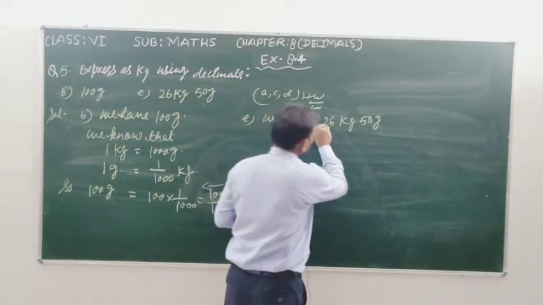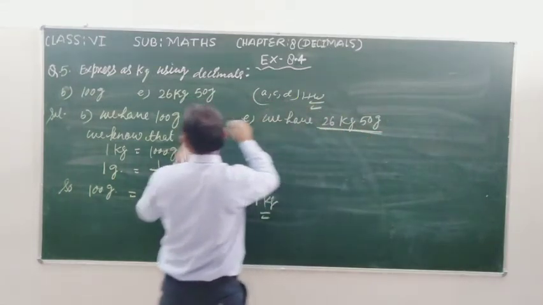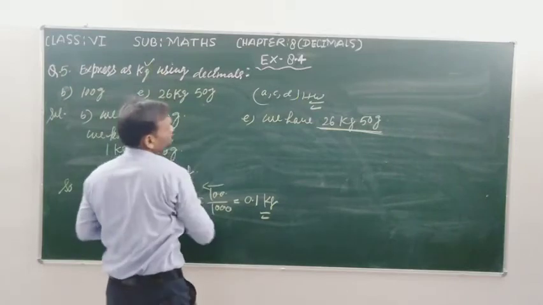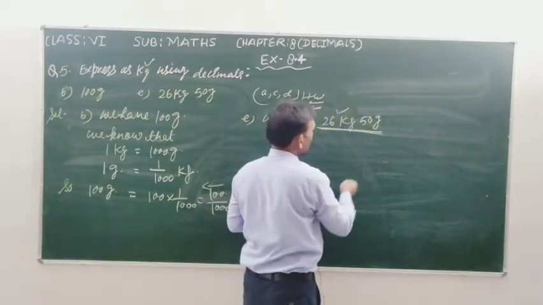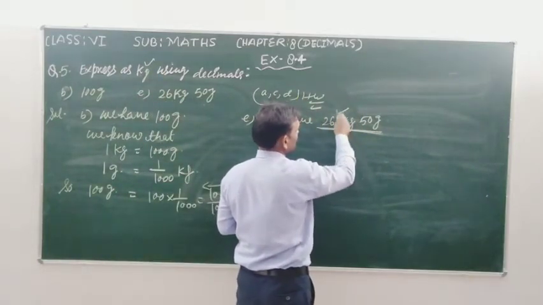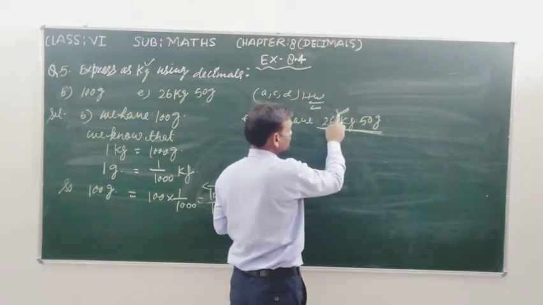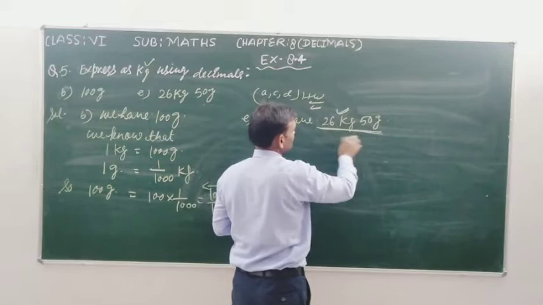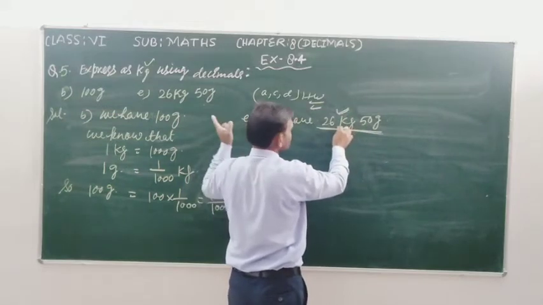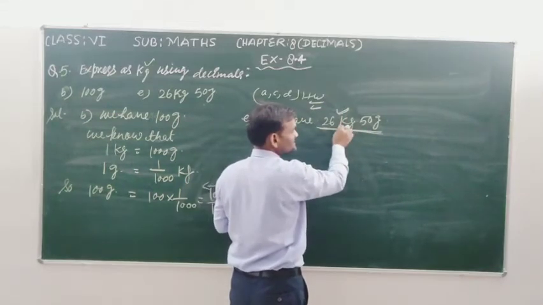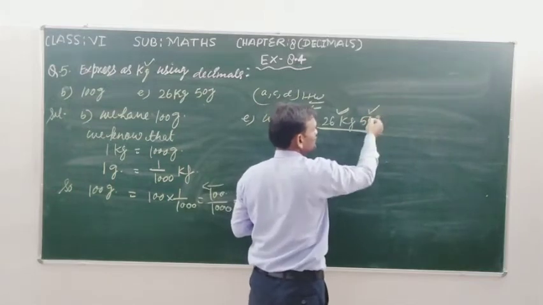Student, we need to change both value in kg, but one value out of these two value is already given in kg, so we don't need to change this value in kg because it is already in kg. We need to change this value in kg.